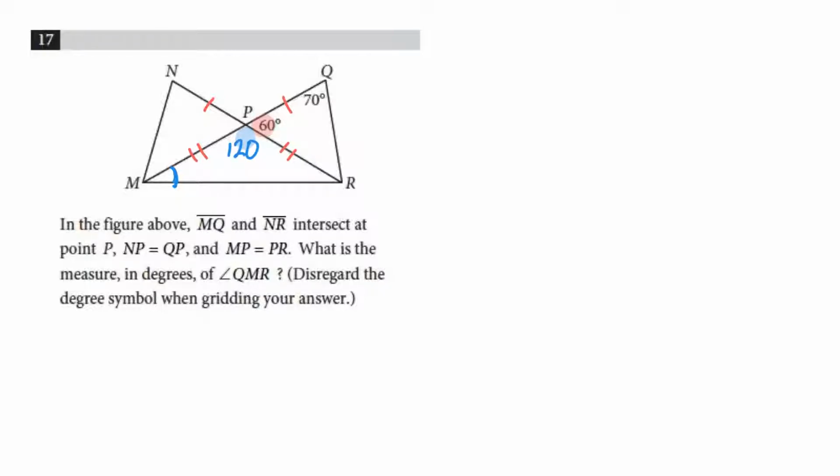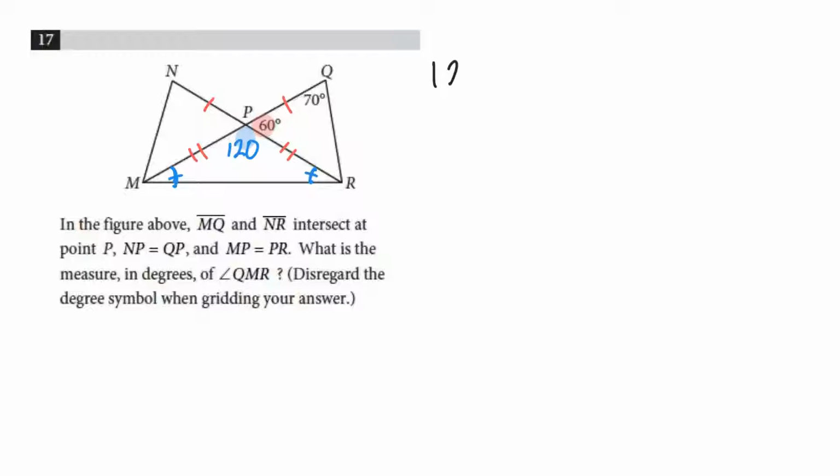We also know that this MPR is an isosceles triangle, so the base angles of an isosceles triangle are congruent. And we know that the sum of the interior angles of a triangle is 180.